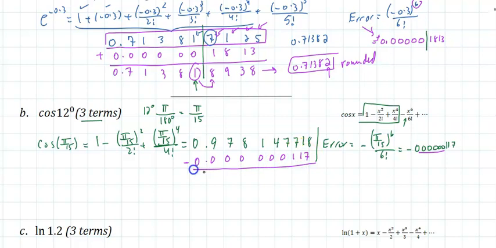If I subtract those, I'll get 0.978147601. So this is the answer, but I need to know how accurate this is. And again, the 6 decimals tell you exactly where to look. So I'm trying to figure out how accurate this is.